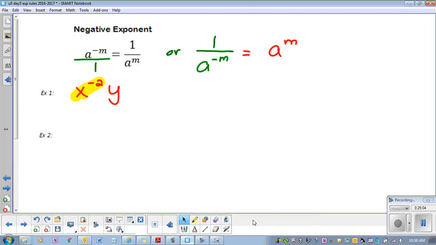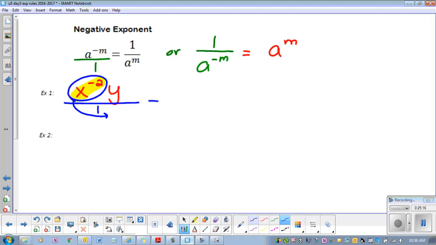In order to make this positive, I need to move it down. Because if I were to write this as a fraction, it would look like that. So then that would be x moved down, and now it became a positive exponent. What still just stays on the top? The y, because the y was good. Does that make sense, Dylan? Yeah?